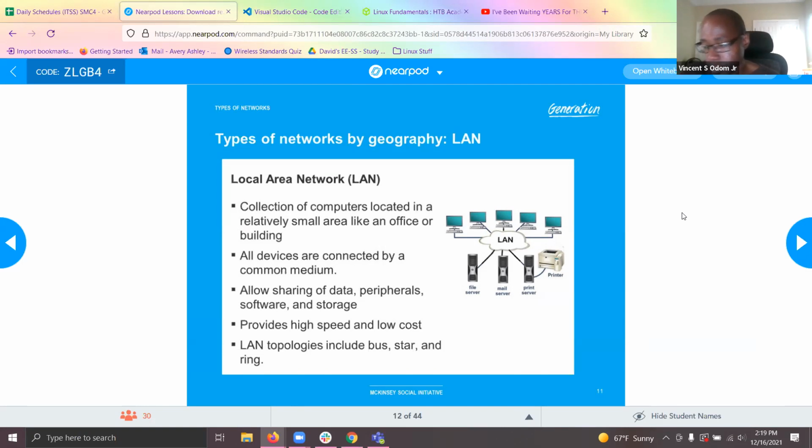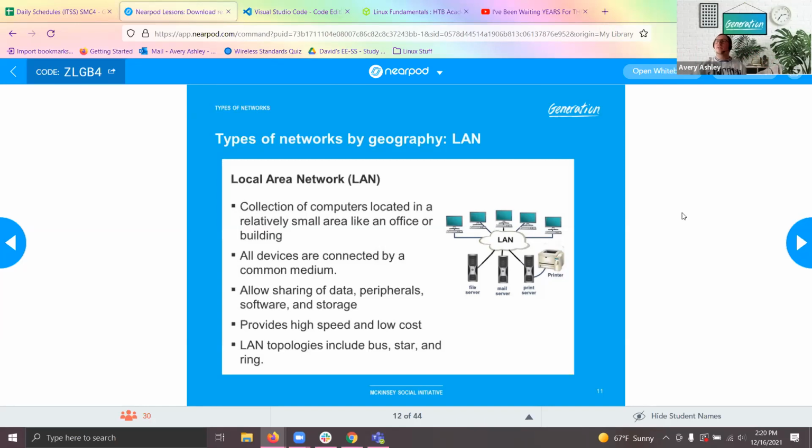Perfect, thank you. So all of those topologies we were talking about are going to be typical for a LAN. This is your local area network. So you're going to think of your house as your LAN. All of your devices are connected to that network. My computer up here is connected to this network.